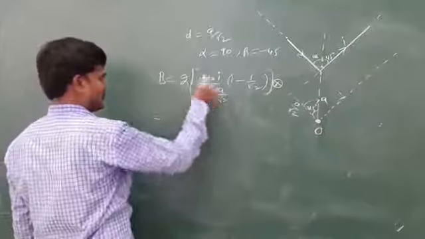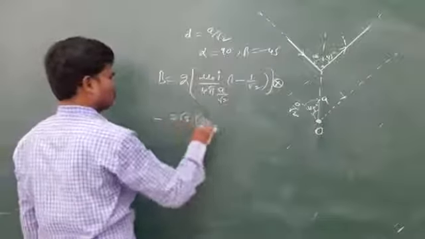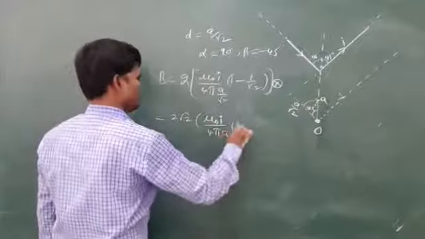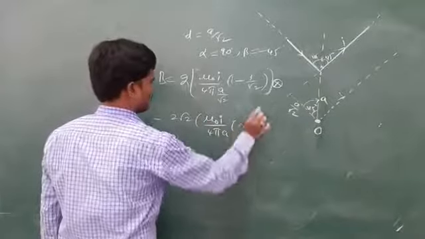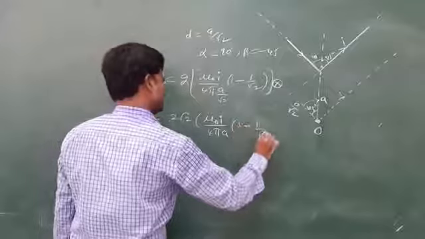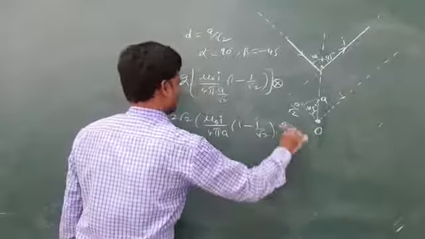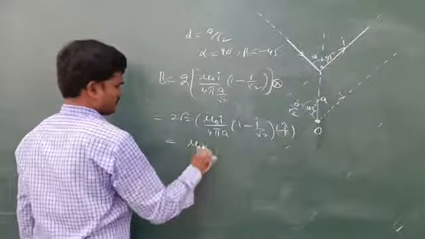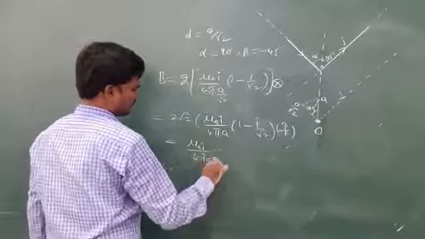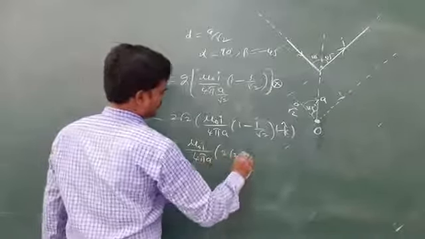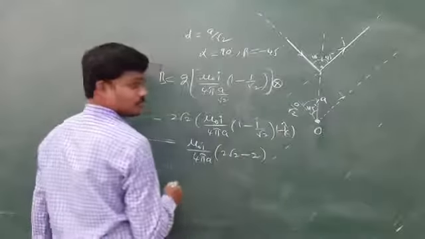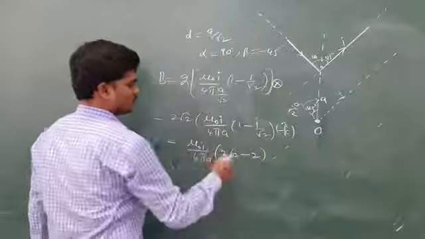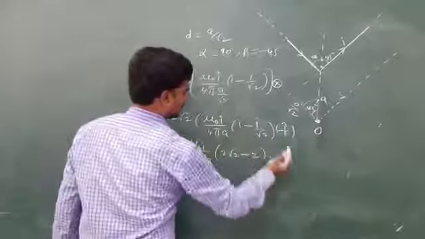Now take root 2: mu naught I by 4 pi A, times 1 minus 1 by root 2, minus k cap. That is mu naught I by 4 pi A times 2 root 2 minus 2. Otherwise if you take 2 out, root 2 minus 1, and otherwise minus k cap.